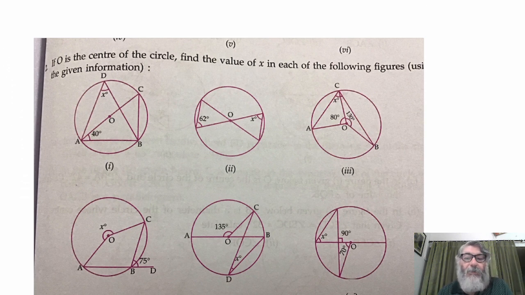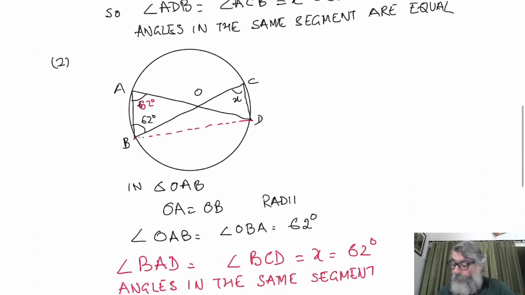Here A is on the circumference, B is on the circumference, C is on the circumference, but O is not on the circumference. That is why this is not a cyclic quadrilateral. And again the center is given, so we will be applying some property of the center. I'll draw this figure again for you and show it to you.